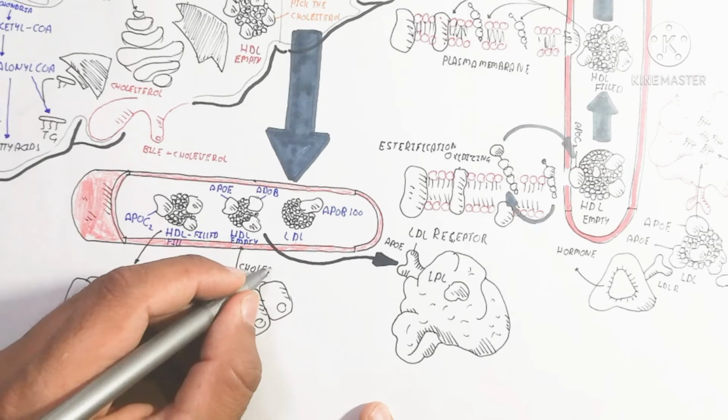On the other hand, the HDL empty first of all picks up, and the HDL filled provides the cholesterol to the tissue, but if not required, it goes back again into the liver for bile excretion.